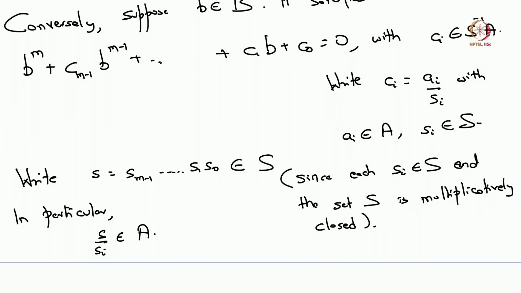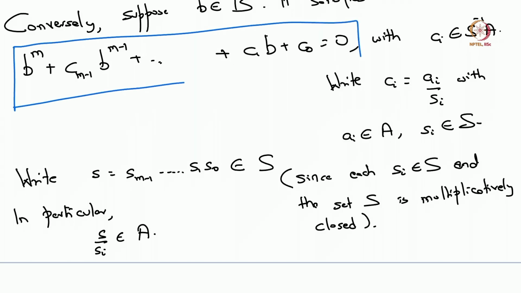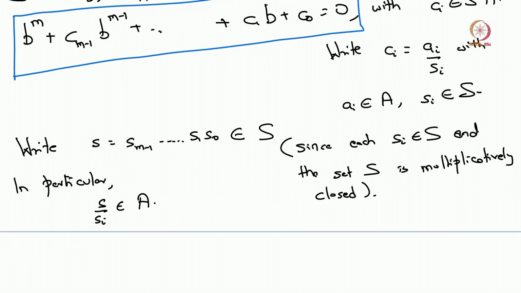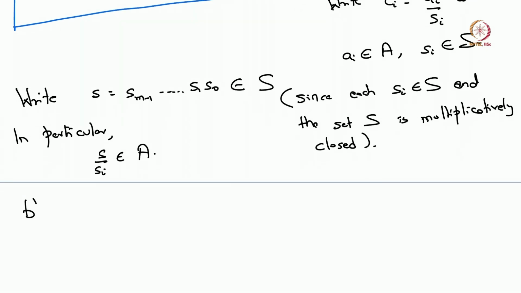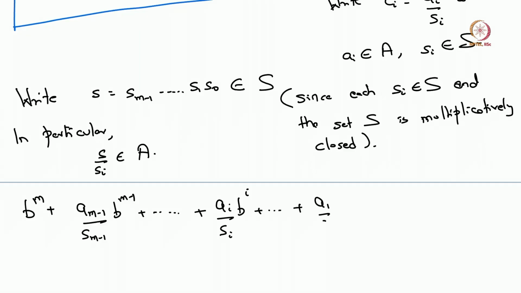Okay. So now I have this equation out here. If I write each Ci in terms of A and S, Ai and Si, I get b to the m plus A_{m-1}/S_{m-1} b to the m minus 1, so on and so forth, Ai/Si b to the i, plus so on and so forth, A1/S1 b plus A0/S0 equals 0.